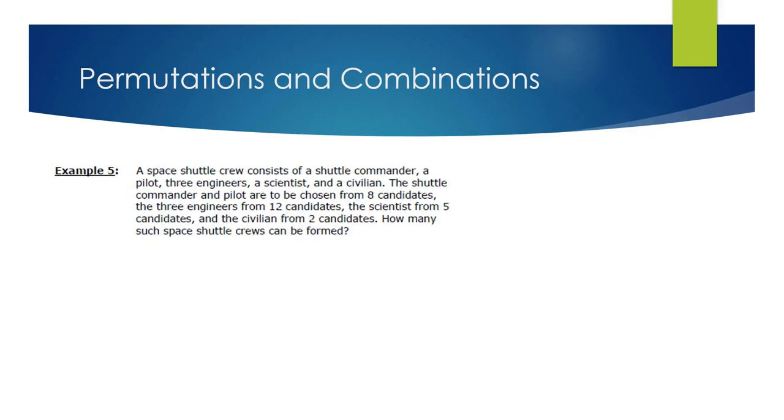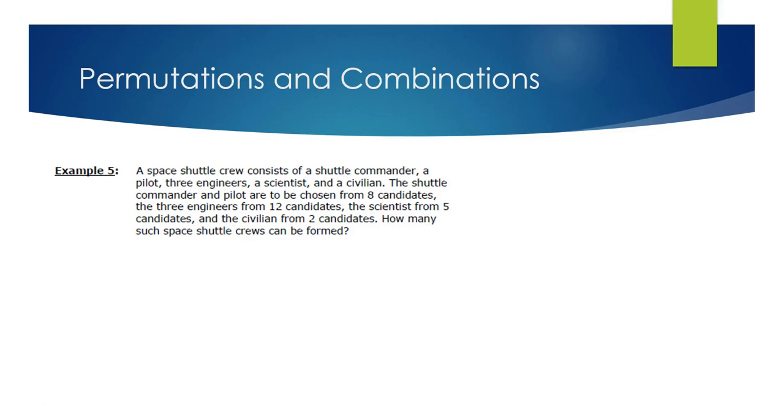And the last example, a space shuttle crew consists of a shuttle commander, a pilot, 3 engineers, a scientist, and a civilian. The shuttle commander and pilot are to be chosen from 8 candidates, the 3 engineers from 12 candidates, the scientist from 5 candidates, and the civilian from 2 candidates. So basically, there's 8 people.